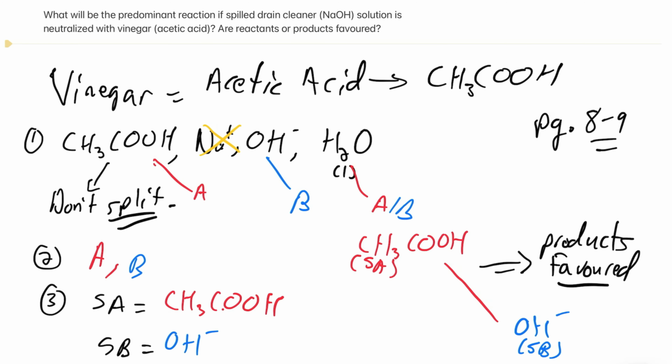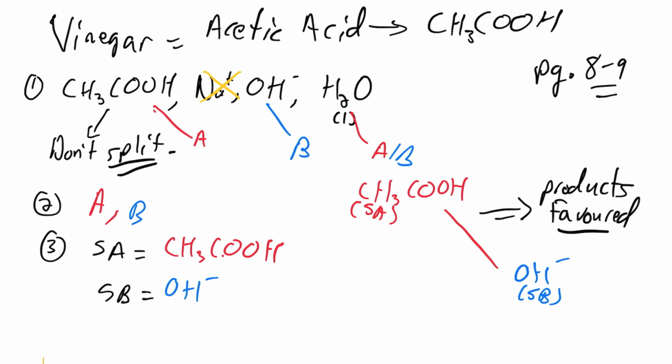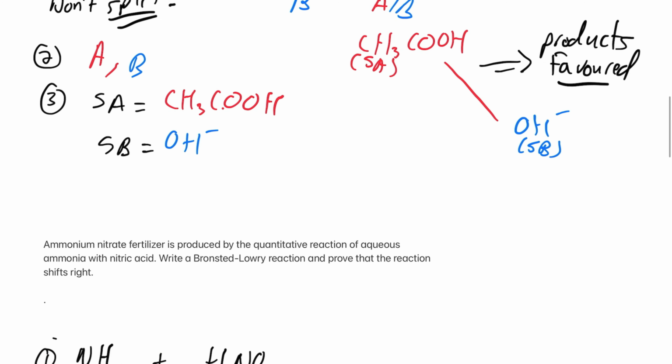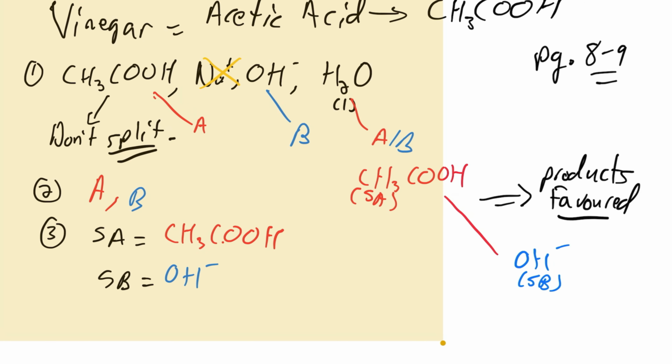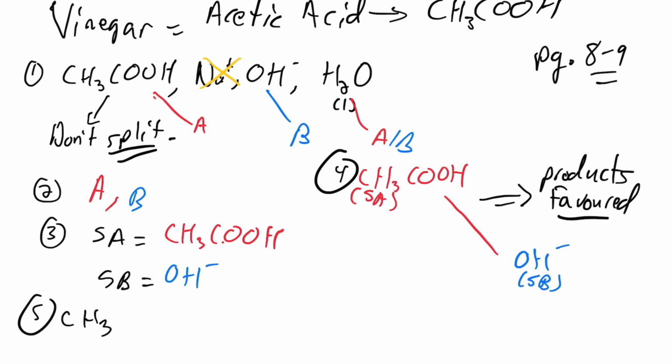Okay, so now the last part here, we're going to write the reaction between the strongest acid and the strongest base. And so it'll look like this. This was step 4 here. Step 5, CH3COOH plus OH minus.